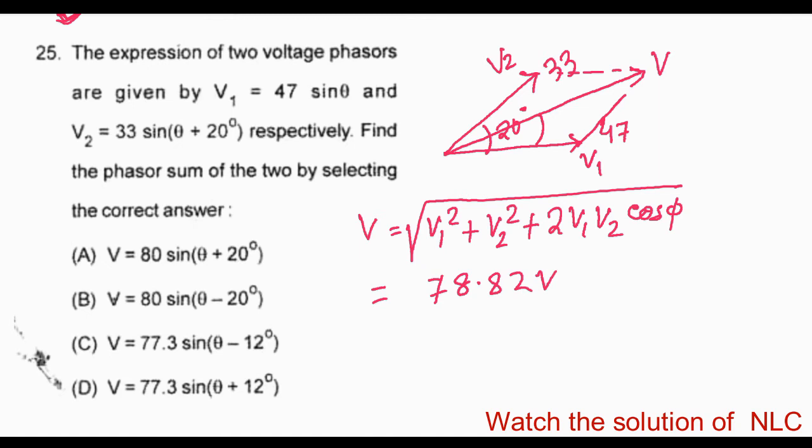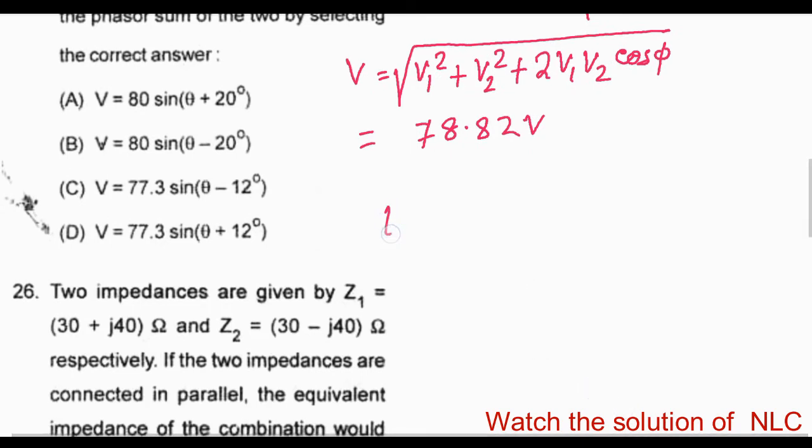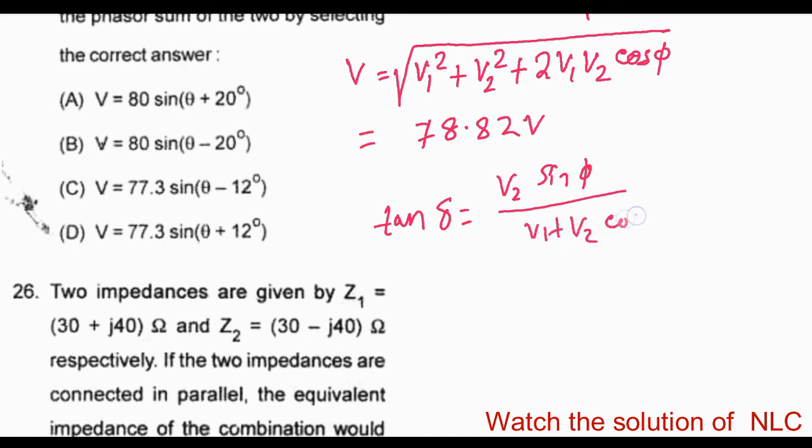And next thing is the angle. At how much angle does it act from V1? Suppose this angle is delta. So what will be the delta angle? Delta can be given simply by tan delta is equal to V2 sin phi by (V1 plus V2 cos phi).